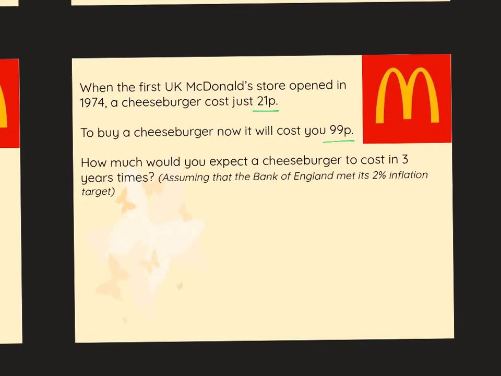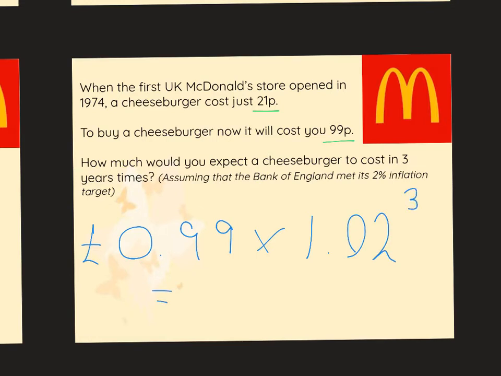But if you think back to the maths that we've done for repeated percentages, you should remember that we can do the price, the 99 pence, multiplied by 1.02 to the power of 3, because we're increasing it repeatedly 3 times. So it's a lot quicker to do it this way.